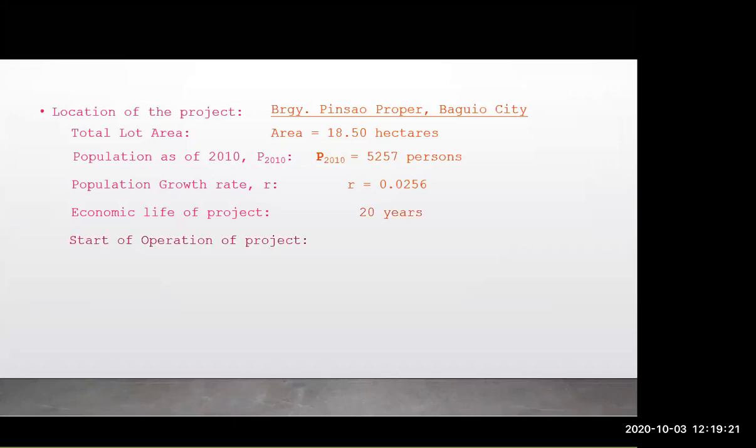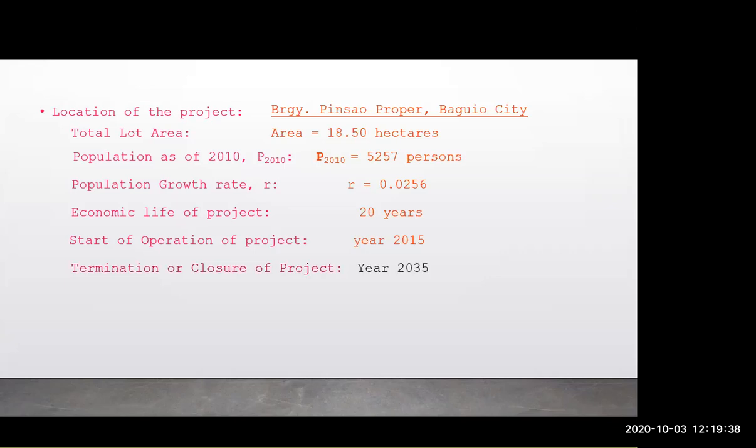And then the start of the operation, taking into consideration all of the construction and obstructions in the construction, we start at the year 2015. And then the termination or closure of the project will be in the year 2035.